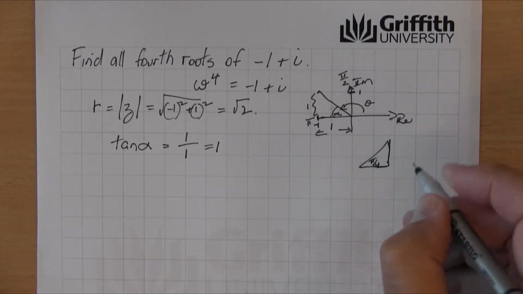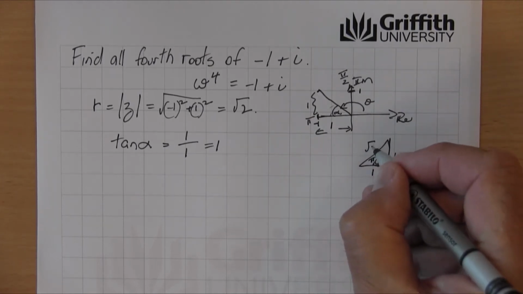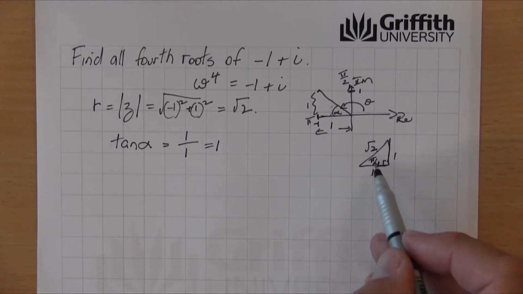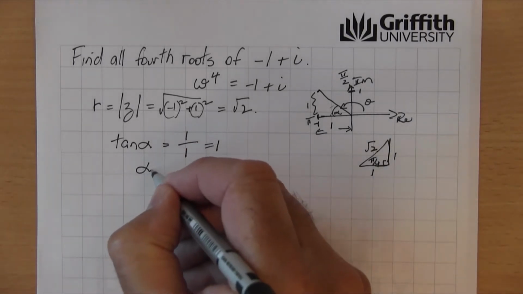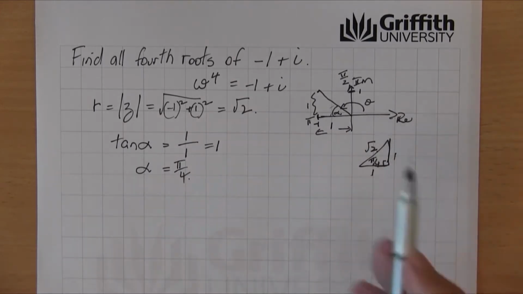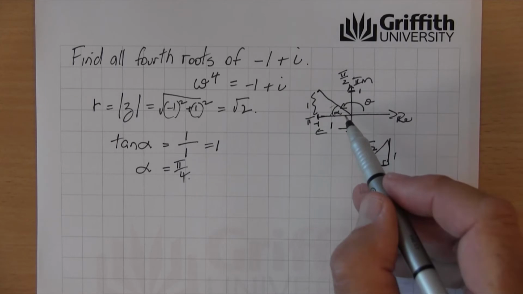This is pi on 4, right angle, we've got 1, 1, root 2. And the angle that has a tan, opposite over adjacent, of 1 over 1 is pi on 4. So therefore alpha is equal to pi on 4. I stress again, this alpha is not theta. That's only just a way to work out what theta is.